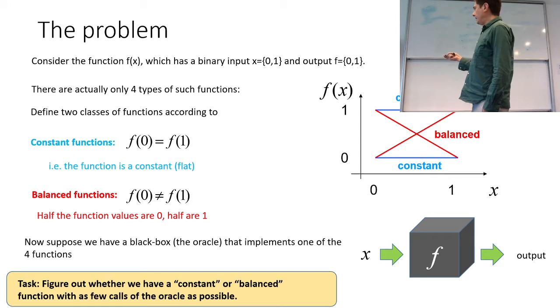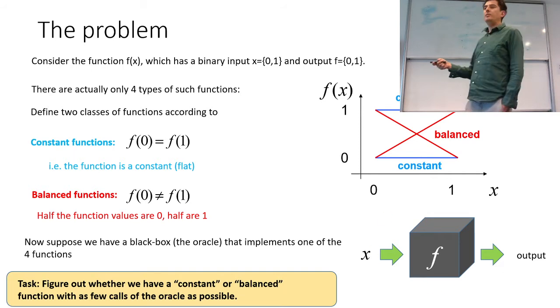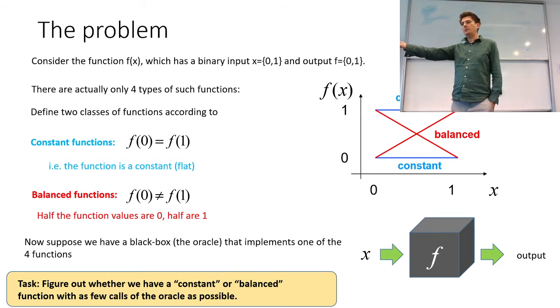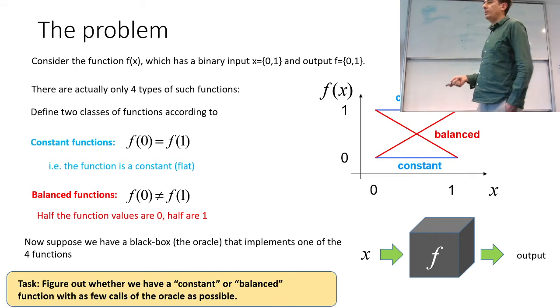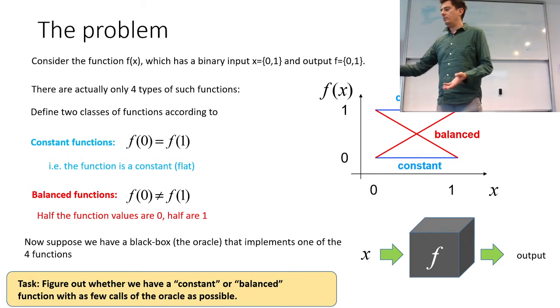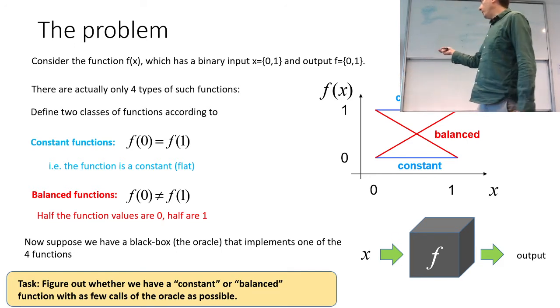Basically the task is to figure out which, and so somebody gives you one of these functions, which we are going to call the oracle, because it's like a black box, and then you can put a number in it, and then it'll tell you what the output is following one of these functions, right?